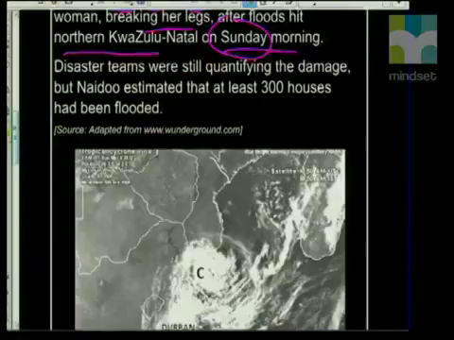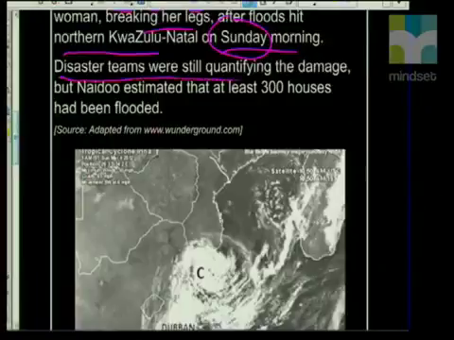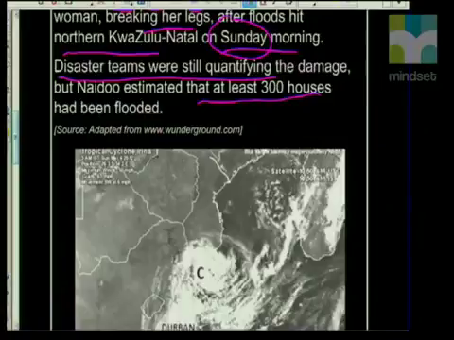Can you see how we're reading into the article? The disaster teams were still quantifying the damage, but Naidu estimated at least 300 houses have been flooded. So lots of information here that we picked up, and it even gave us a satellite photograph.